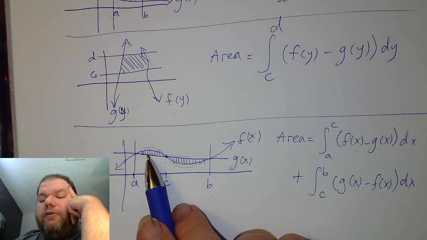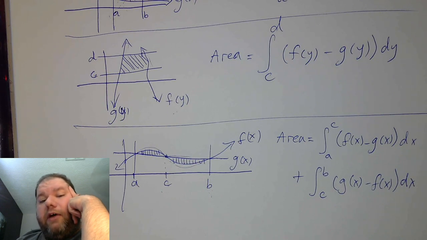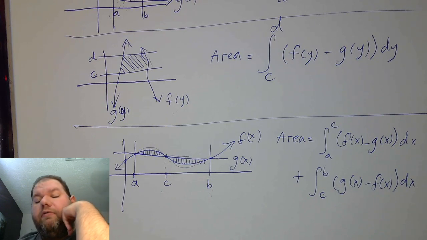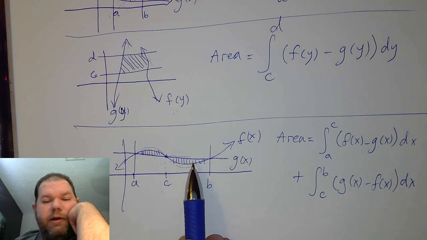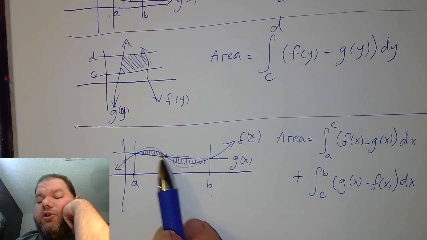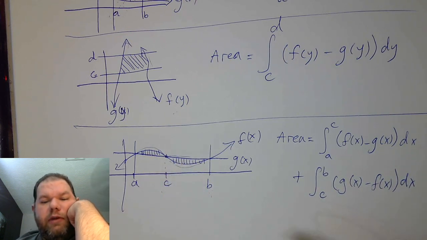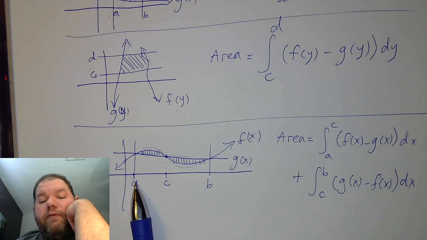So we'd get a positive area and a negative area, and they wouldn't necessarily cancel out. It just depends on the relative size of the areas, but we wouldn't get the correct number by any means. We would get a positive number and a negative number, so whichever one was larger would tell us how the answer would appear. And this part looks a little bit bigger in this case, so we'd probably get a negative answer if we integrated from a to b.